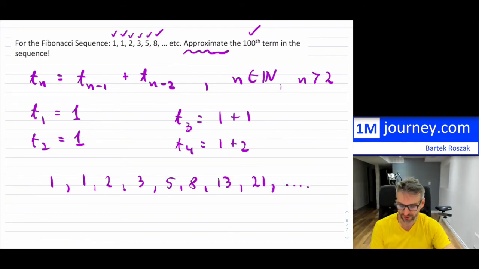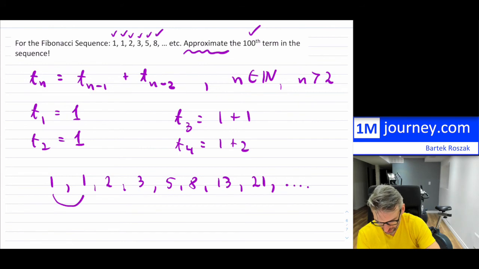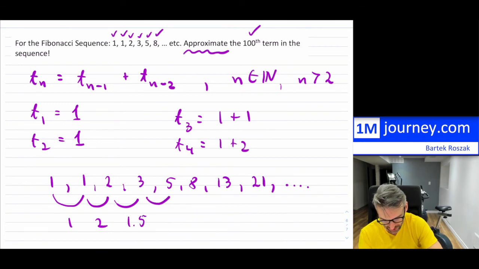For the geometric series, what you're looking for is the ratio between the terms. The ratio between here and here is 1. Between here and here is 2. Between here and here, it's 3 over 2, which is 1.5. Between here and here, it's 1.6666. Between here and here, it's 1.6.